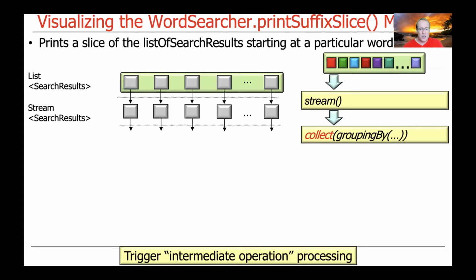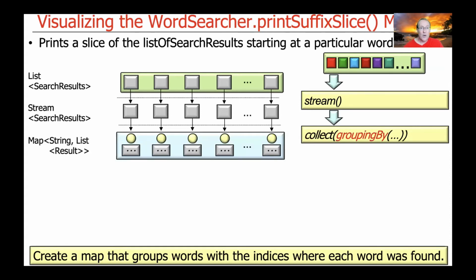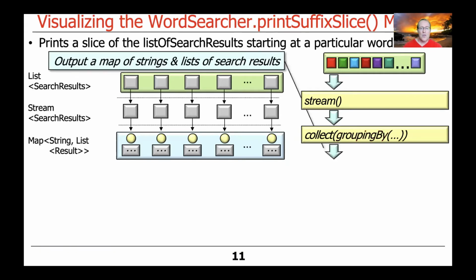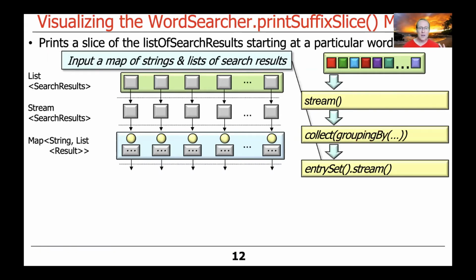Collect, of course, triggers intermediate operation processing. We have a map of strings to lists. And then we're going to create a group that maps the words with the indices where each word was found. That will then create a map of strings to lists of search results. So far, this is pretty much the same as what we had before. This is where it differs.